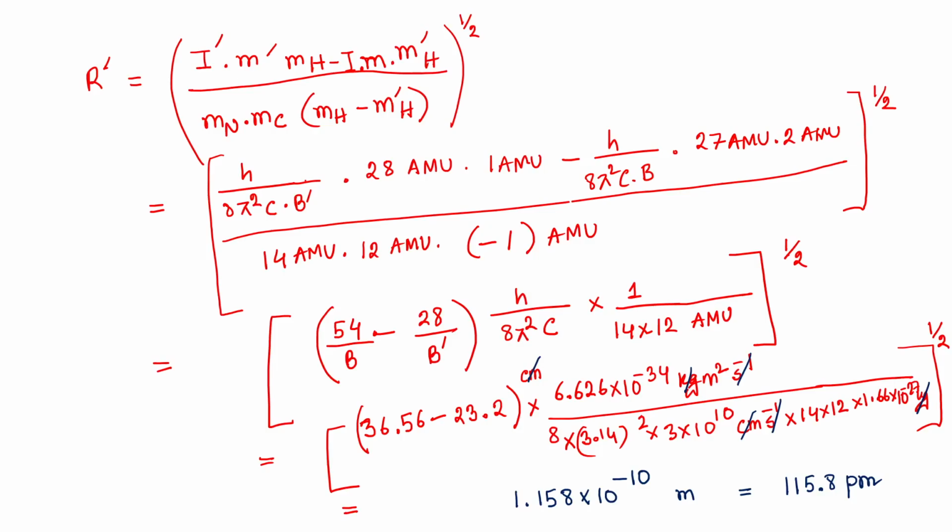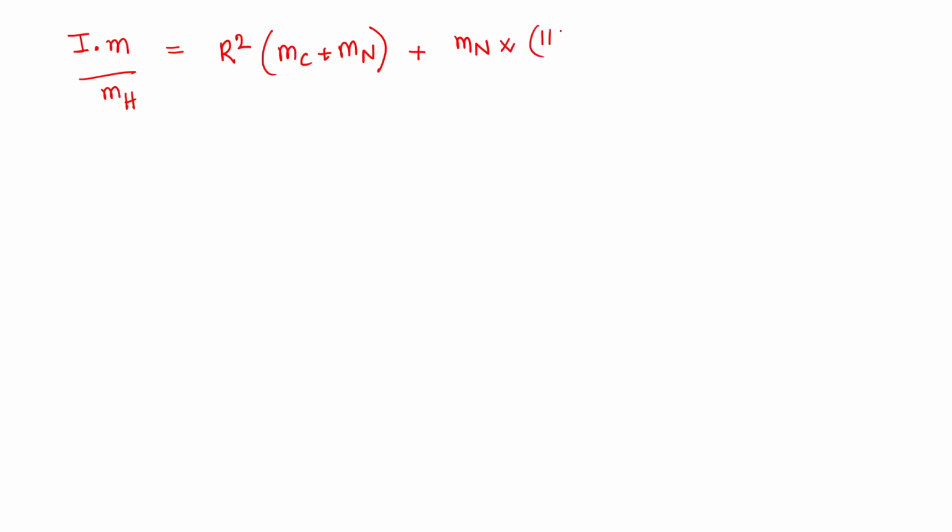So equation 1 is, maybe I'll go back to the usual color, I cross M is equal to, one of the middle equations I'm taking, I by M is MH R square, mass of carbon plus mass of nitrogen R dash square, and that is given, right, 115.8 picometer square.